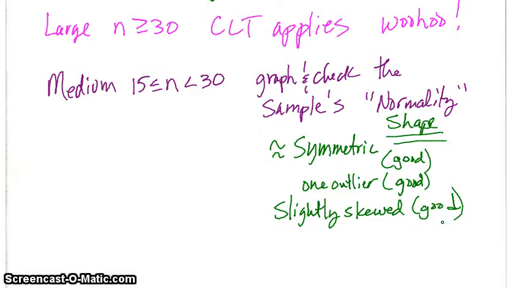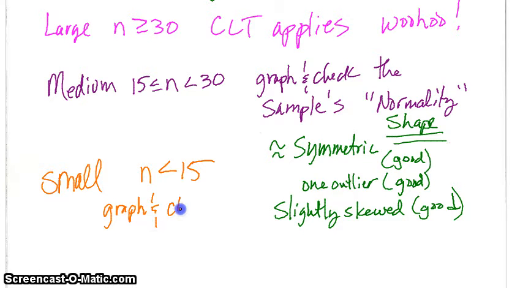All right. So those are our helpful. Cool. We've got a medium-sized French fry size, so we're ready to rock and roll. But what if I have a small fry, meaning I have a sample that's less than 15? This is, again, graph and check. But we need the sample to really be approximately symmetric, or we lose some validity here.